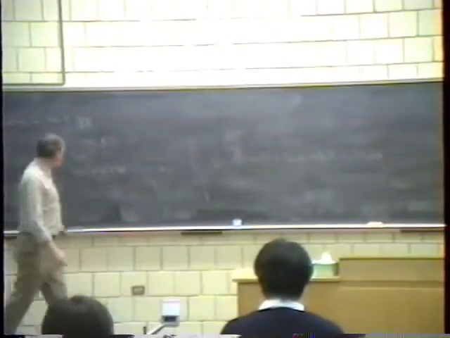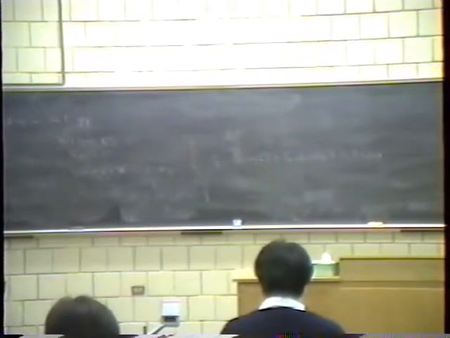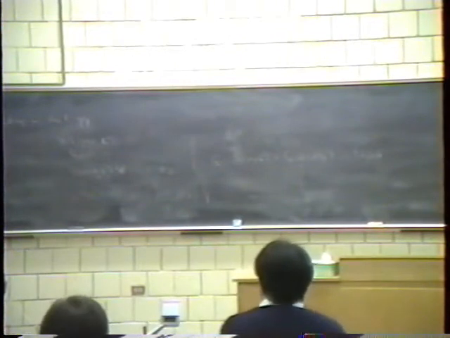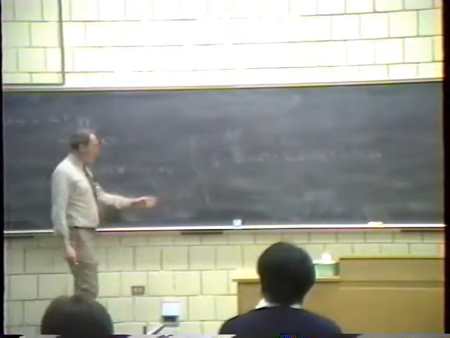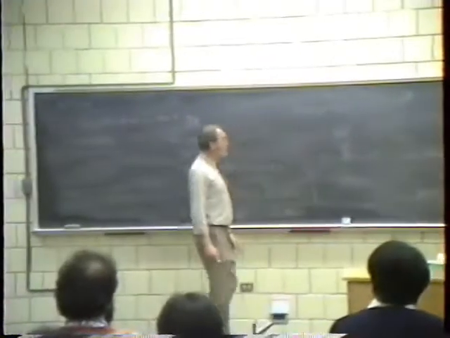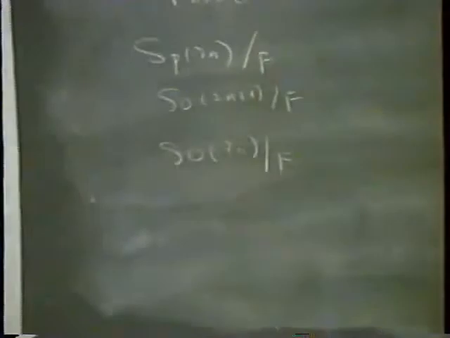So functoriality, the simplest cases of functoriality, are defined by these three embeddings into GL_N. So one of the first problems for dealing with functoriality would be to deal with these three cases.